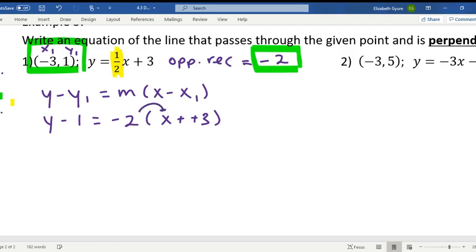Very good. We are going to distribute the negative 2. So we have y minus 1 equals negative 2x. And then negative 2 times 3 is negative 6. Good. And then what's our final step? What now needs to move over? Okay, we need to move over the negative 1. How would you move it over?